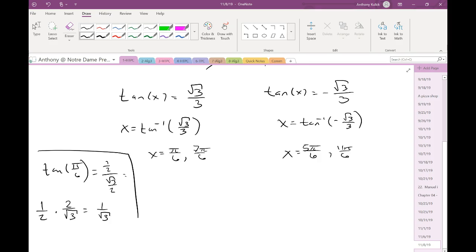Now, my next question is, is this all of them? Well, remember our answers had to be between 0 and 2 pi. Is this all of them then? Well, if I add 2 pi to any of these things, since they're all positive, they're all going to be bigger than 2 pi, right? Everybody agree with that?